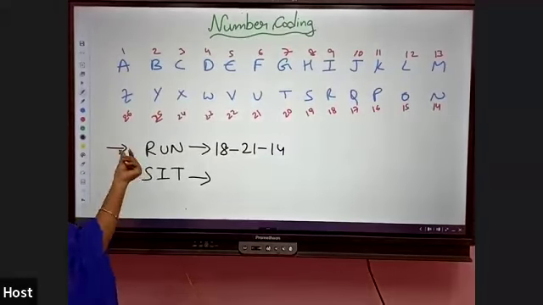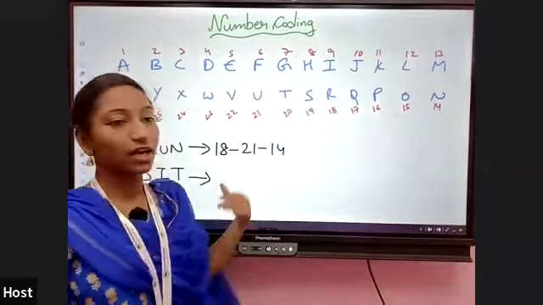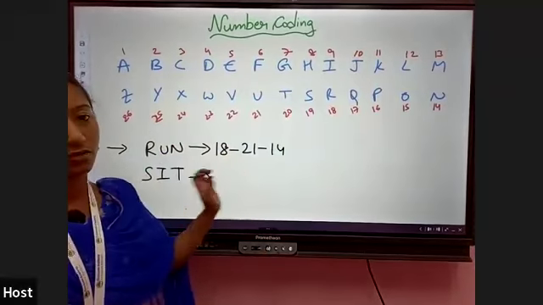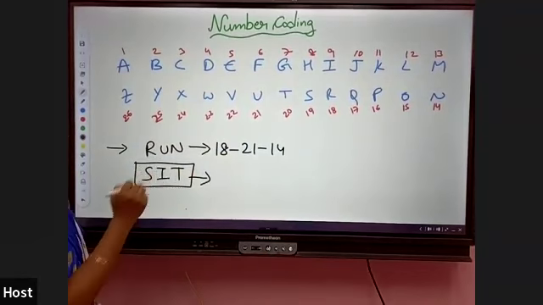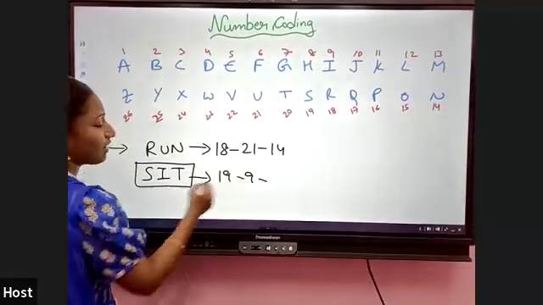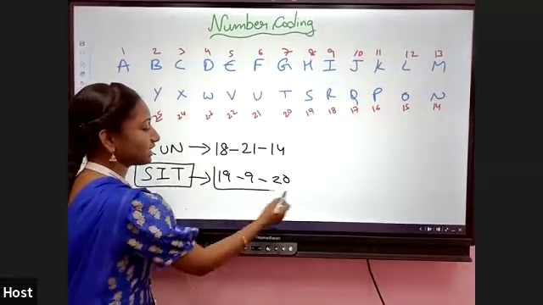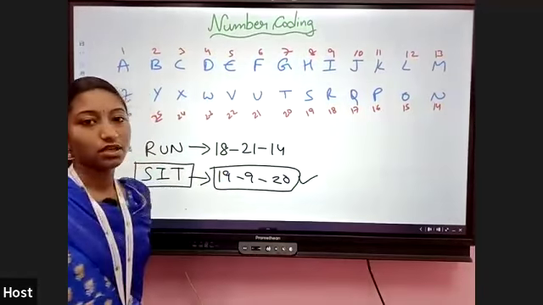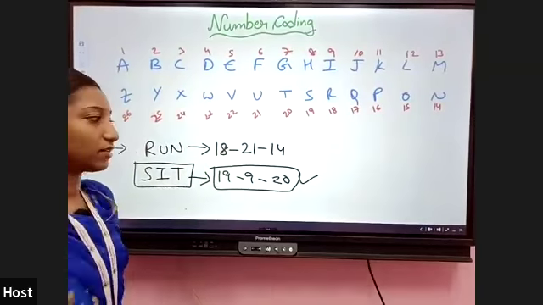So the value of R is 18, the value of U is 21, the value of N is 14. In this way, we should find the code for SIT. The value of S is 19, the value of I is 9, the value of T is 20. So the code for SIT is 19, 9, 20. In this model, they will only give the value of the letter.